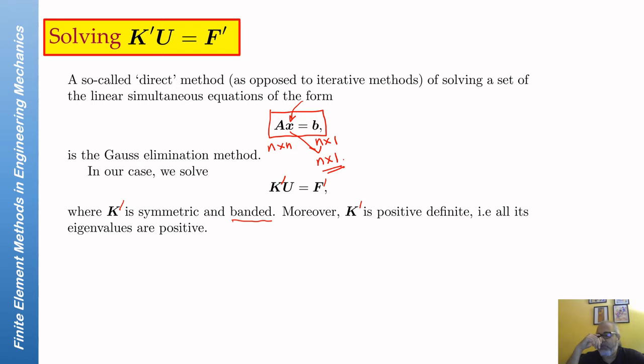Positive definiteness is also dictated by the nature of the problem. But at this moment, we will assume that when we solve an equation of this sort, A is a symmetric and positive definite matrix. Okay, so let me first explain the Gauss elimination process, and let me explain that through a small example.